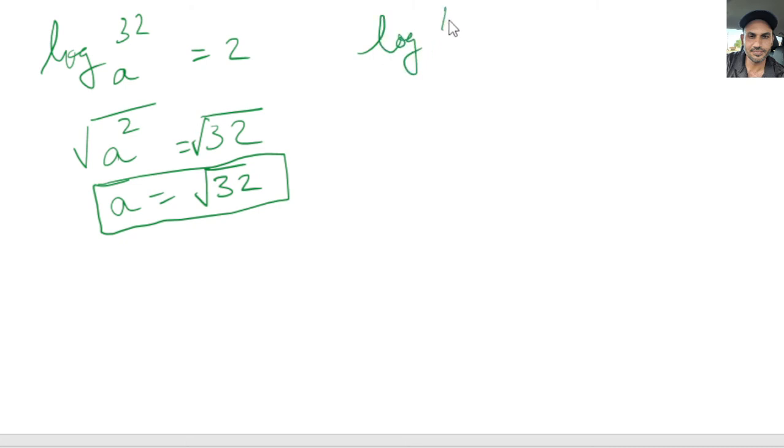In the next example, I'm going to look at log of 16 with base a equals 4. Now the exponential form is a to the 4 equals 16.